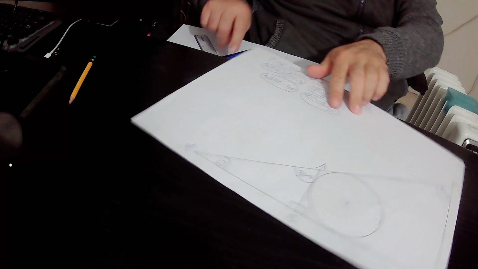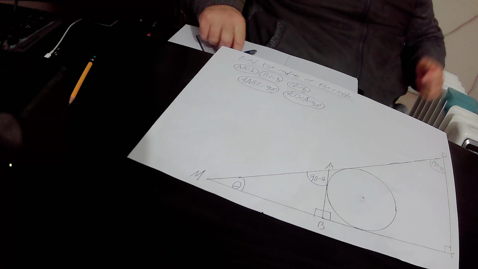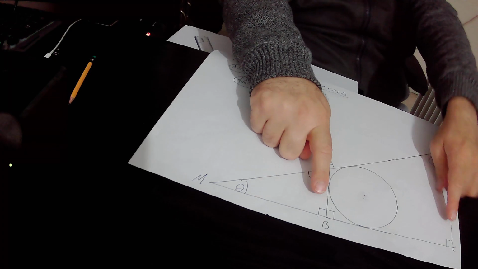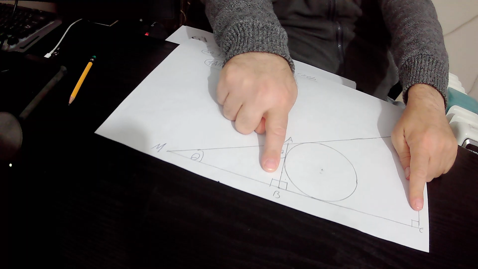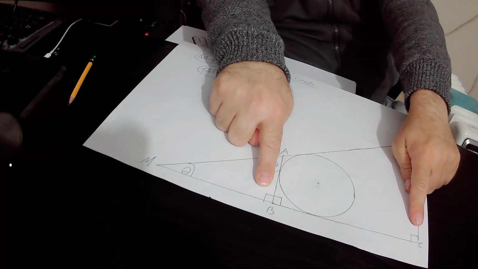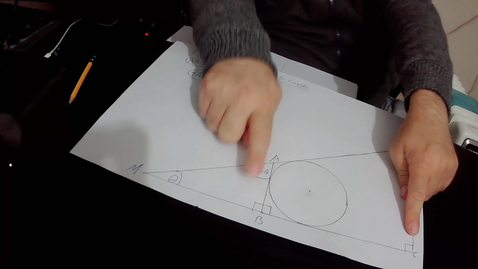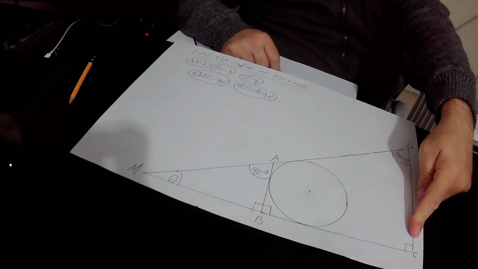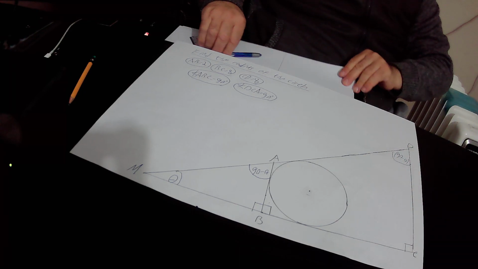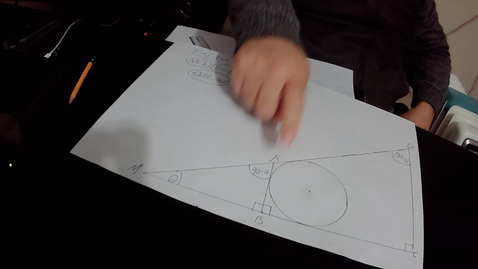So, let's find out why those two right triangles are similar to each other. First of all, those two angles are both equal to 90 degrees, therefore they are equal to each other. So this is angle DCM in the big right triangle DCM, and it is equal to this angle.